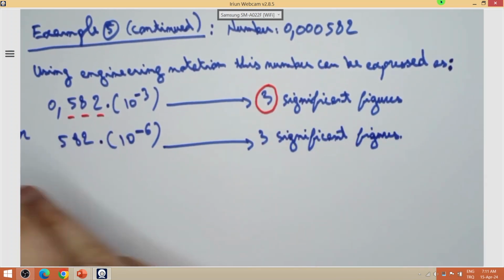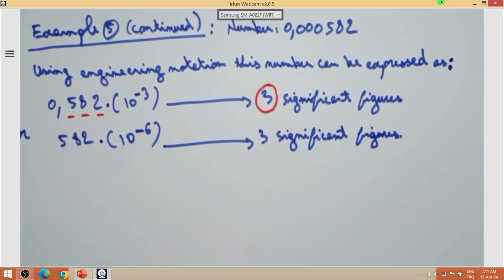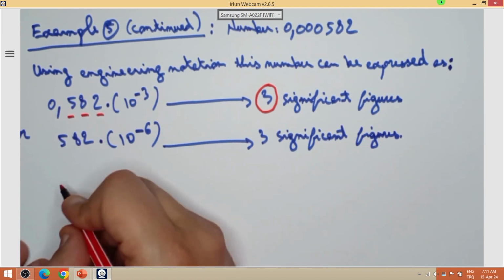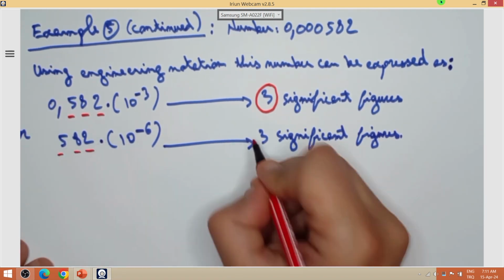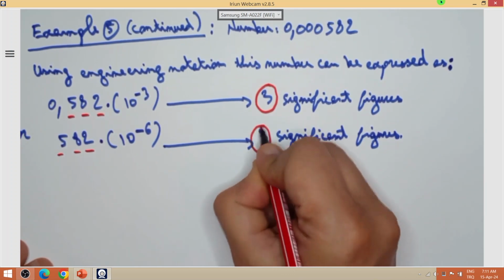We can count these significant figures like this: 1, 2, 3, it has 3 significant figures.